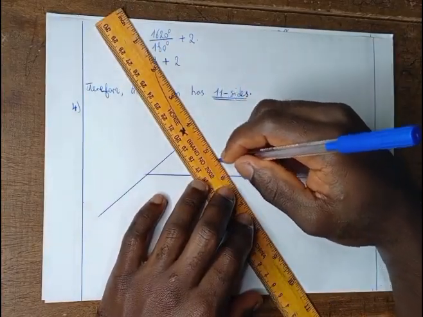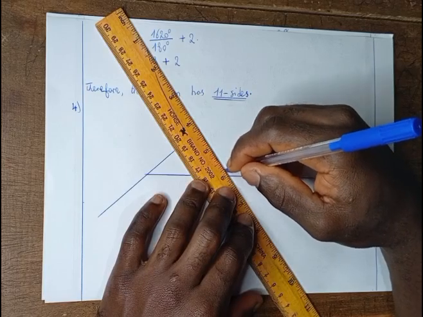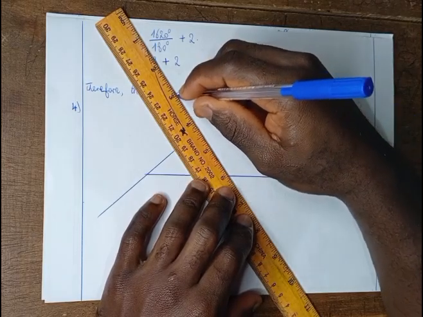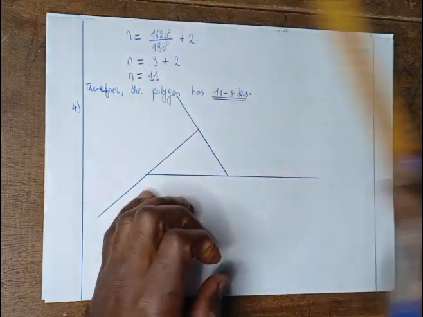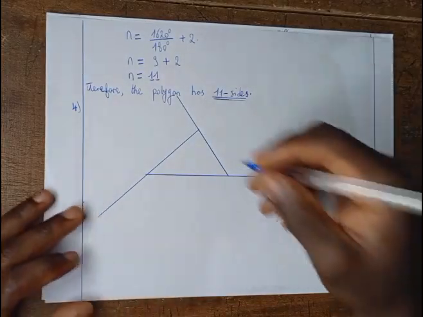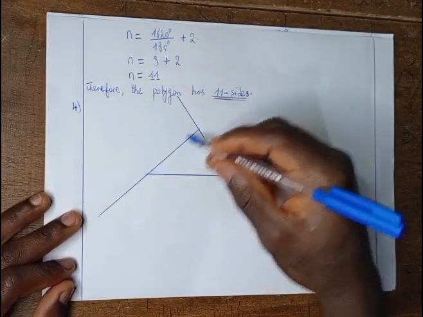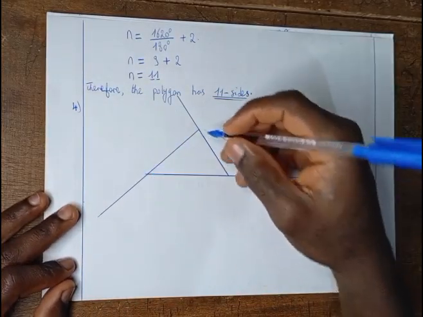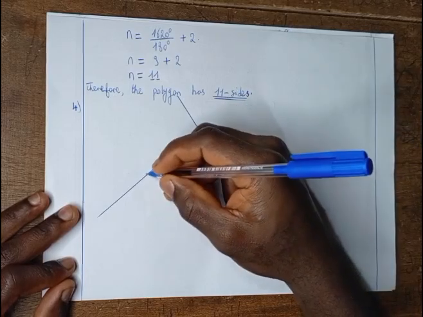We are drawing this triangle in such a way that the exterior angles will be there. So this is the triangle.